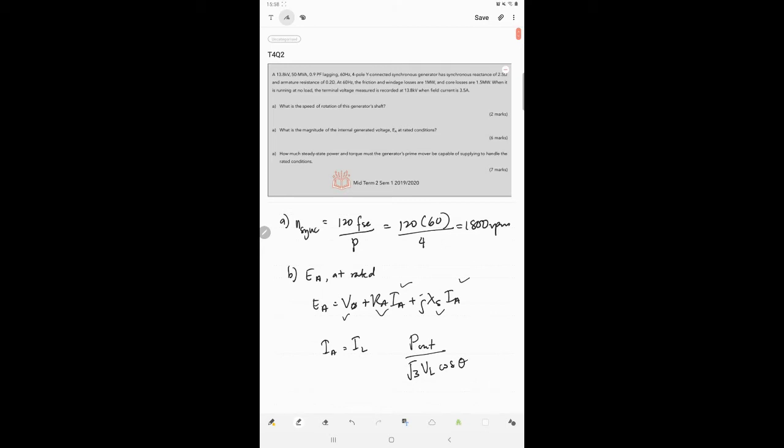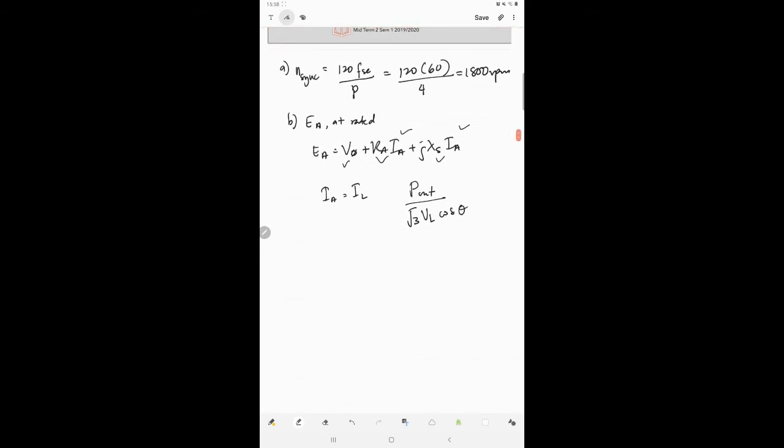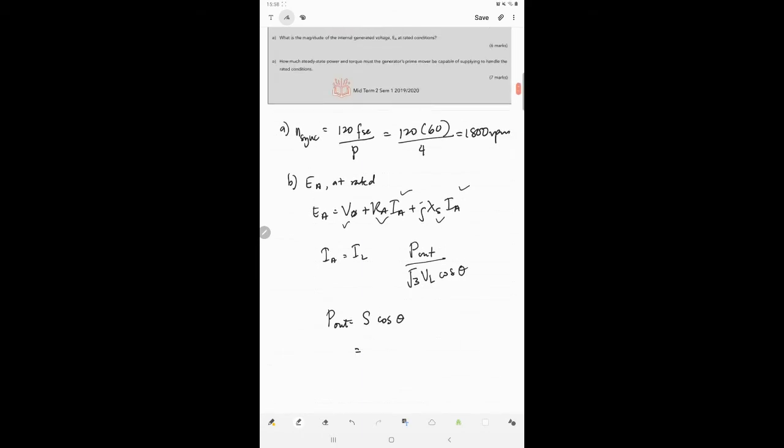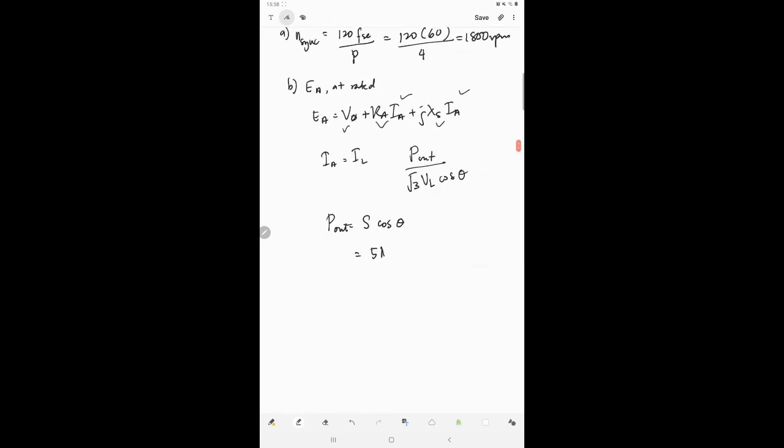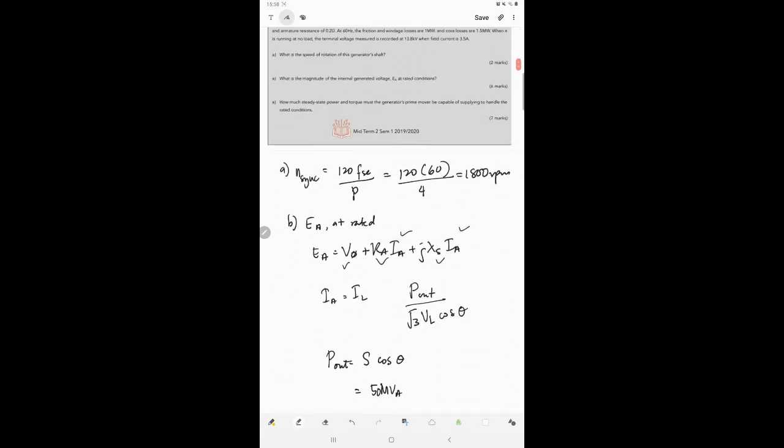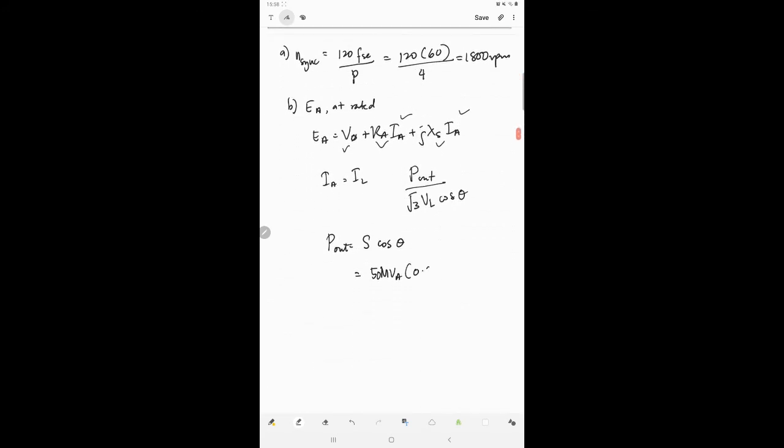First we need to find P. P out is S cosine theta, where S is 50 MVA and cosine theta is 0.9, power factor lagging. So we get 45 megawatt.